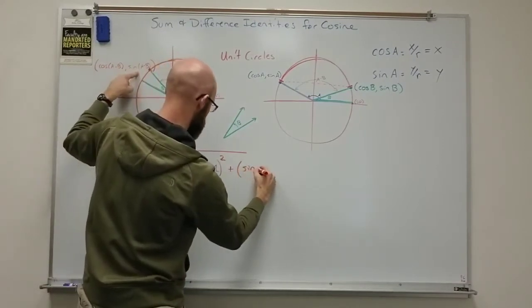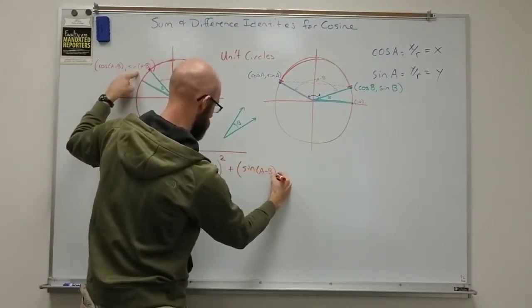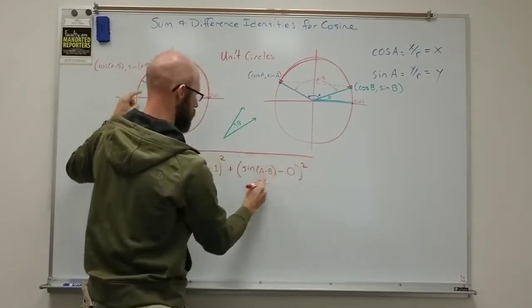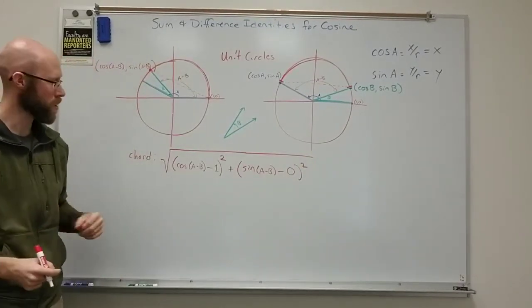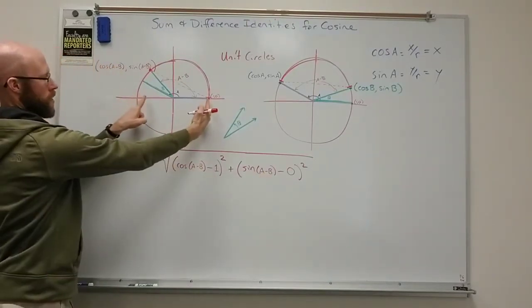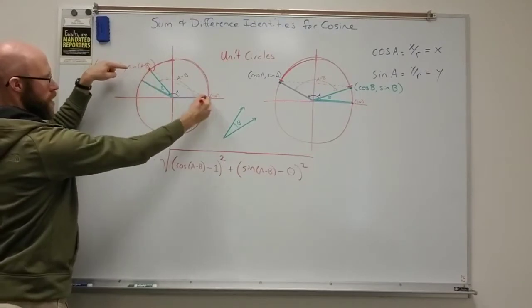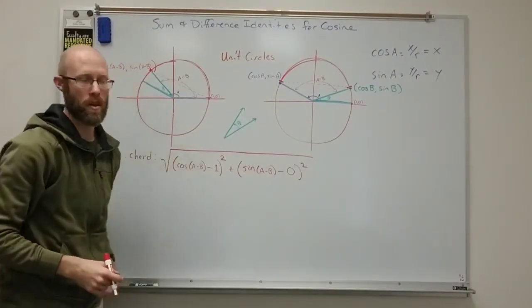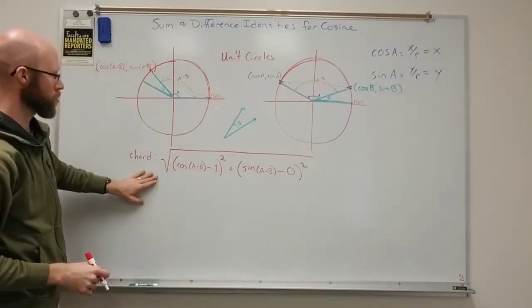So that would be the sine of (A minus B) minus 0, squared, because those are the two y values. The change in x's, change in y's, gives you the length and the height of the right triangle there, and the hypotenuse is found using the square root of the sum of the squares. Okay? So that's the first chord.